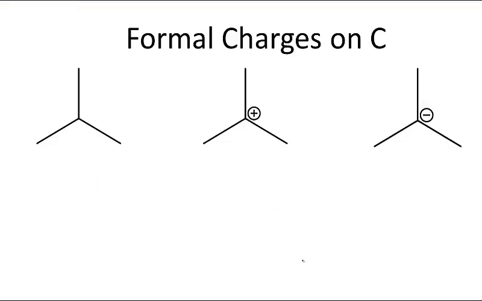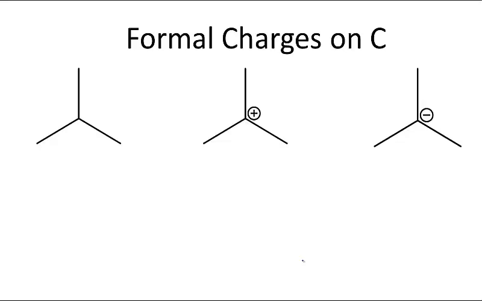Good. All right. Formal charges can throw people off on Lewis structures. So you might see a Lewis structure with formal charges on carbon, because carbon has implied hydrogens. So formal charges are going to throw off the number of implied hydrogens.